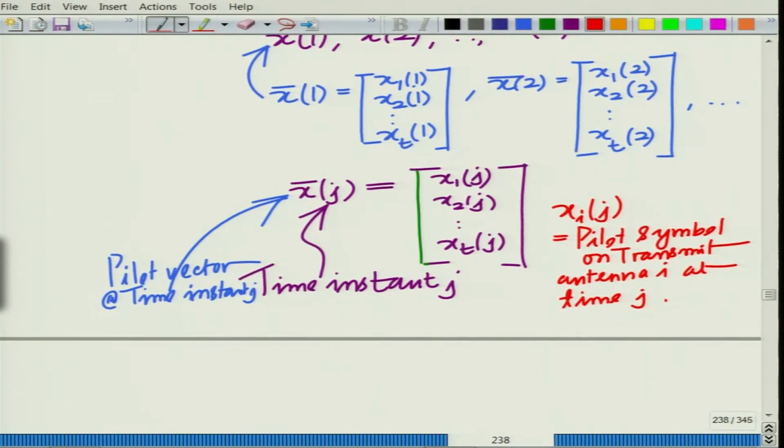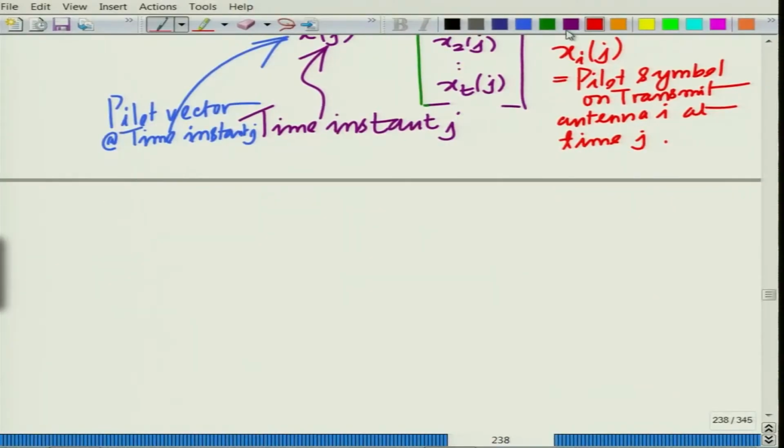So, we have L pilot vectors x bar 1, x bar 2, so on up to x bar L, and x bar 1 in turn contains the symbols x11, x21, xt1. So, essentially the vector x bar j, that is the pilot vector transmitted at time instant j, comprises of the symbols x1j, x2j, so on up to xtj, where xij is the symbol transmitted on antenna i at time instant j. Okay. So, that is the notation, and it is reasonably simple.